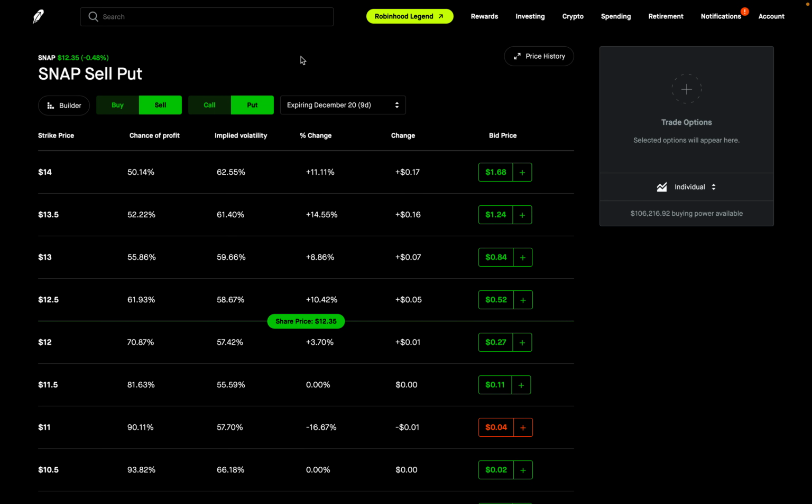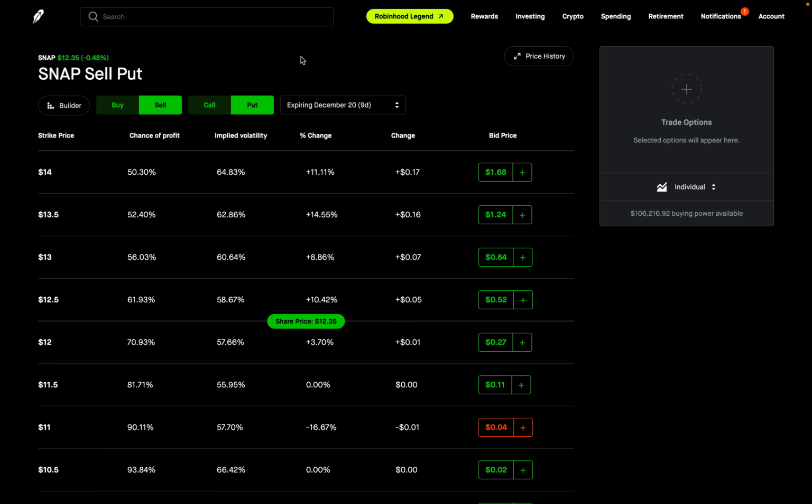Now, usually when we're selecting the strike here for our put that we sell, we usually select a strike at which we would not mind buying 100 shares of the stock. So let's say I would not mind buying 100 shares of Snap at $12 a share.